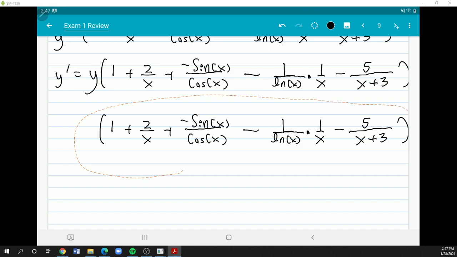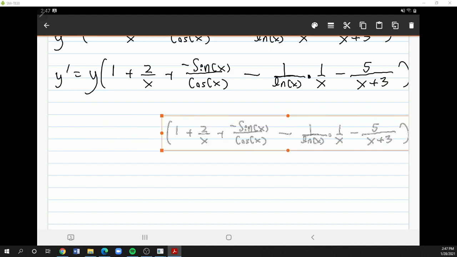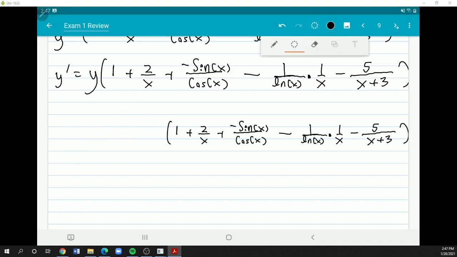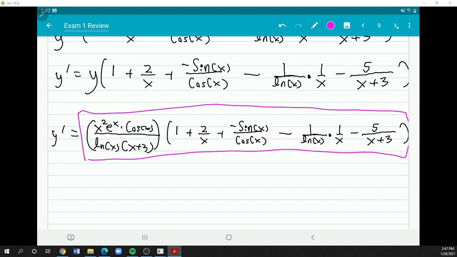Let's see, can I make this smaller? Perfect. Okay. So y prime is equal to, then we look back and say, what was y again? And it was x squared e to the x times cosine x divided by log x, x plus 3. And that is our hard worked on final answer.